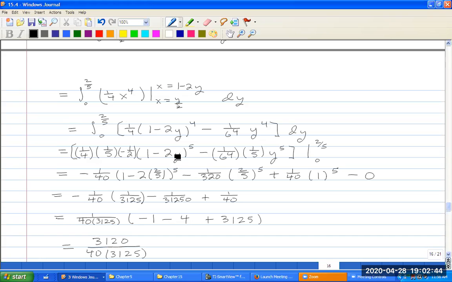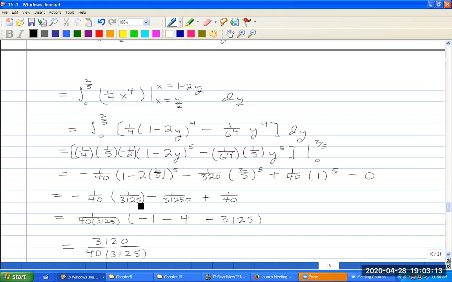I plug in 2/5. 5 times 64 is 320. Subtract from it, plugging in 0. And so if I plug in 0, this is just 1 to the 5th. 1 minus 4/5 is 1/5.